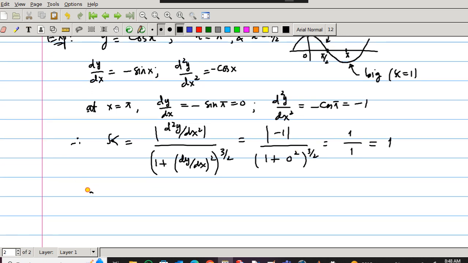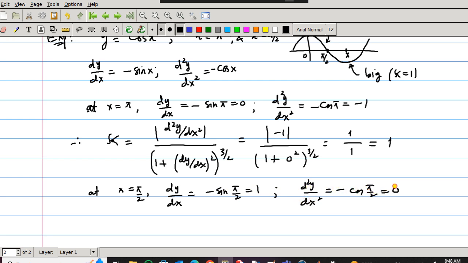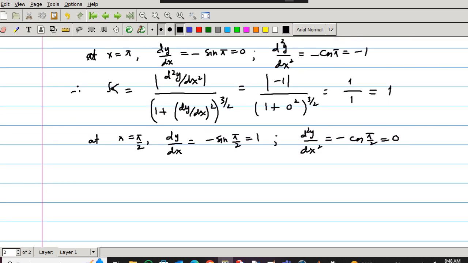So at x is equal to pi by 2, dy by dx will become minus sine pi by 2. Now sine pi by 2 is 1, and d2y by dx square becomes minus cosine pi by 2, and that is 0. So see, your curvature has become 0.